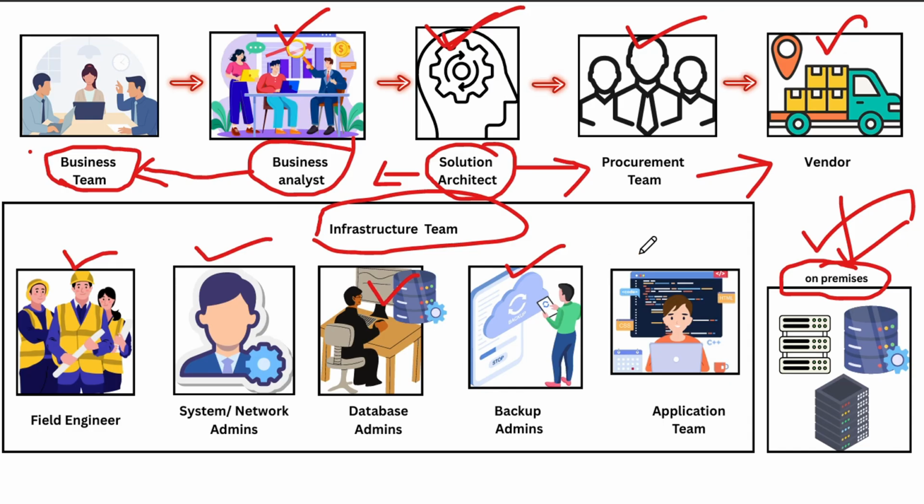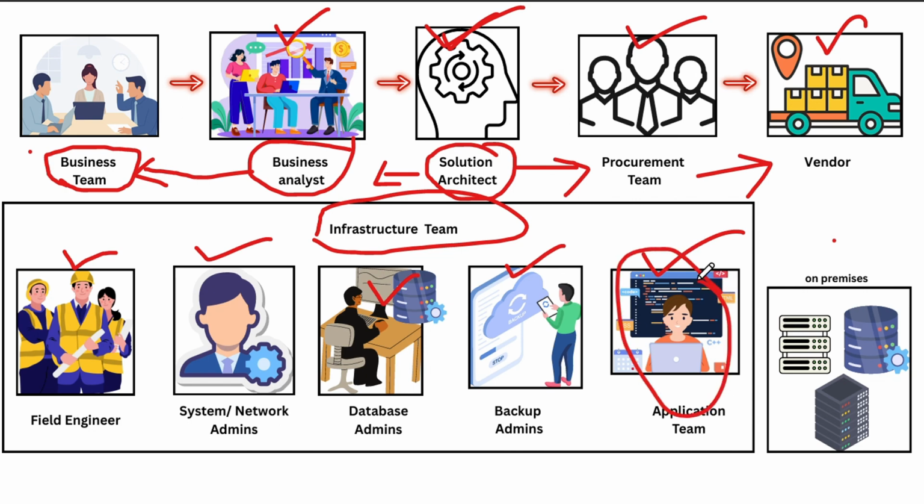Then finally we have the team called the application team, where the application team is going to create the code for the application. The application is then going to be deployed on your on-premises infrastructure. Every code and every application was developed by the application team, and now this team has to deploy their application on this on-premises infrastructure.